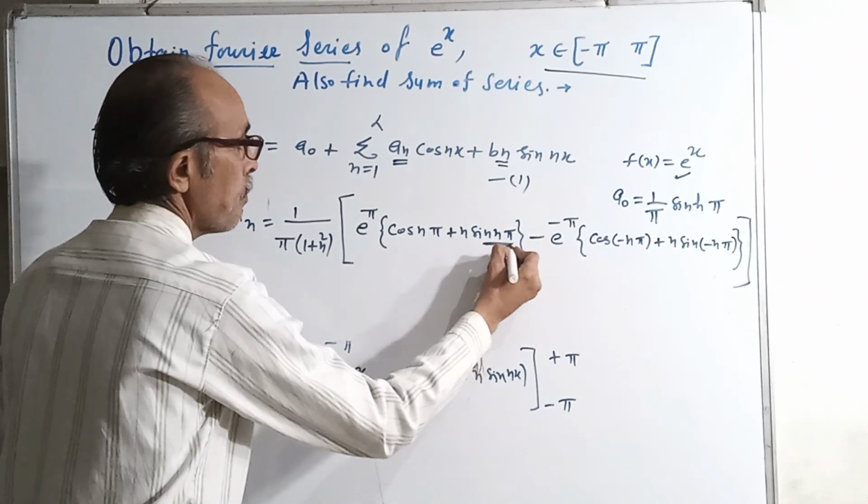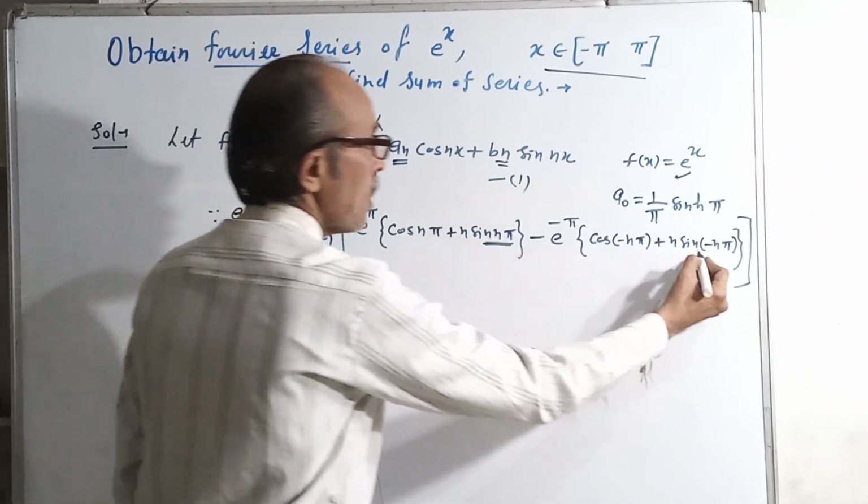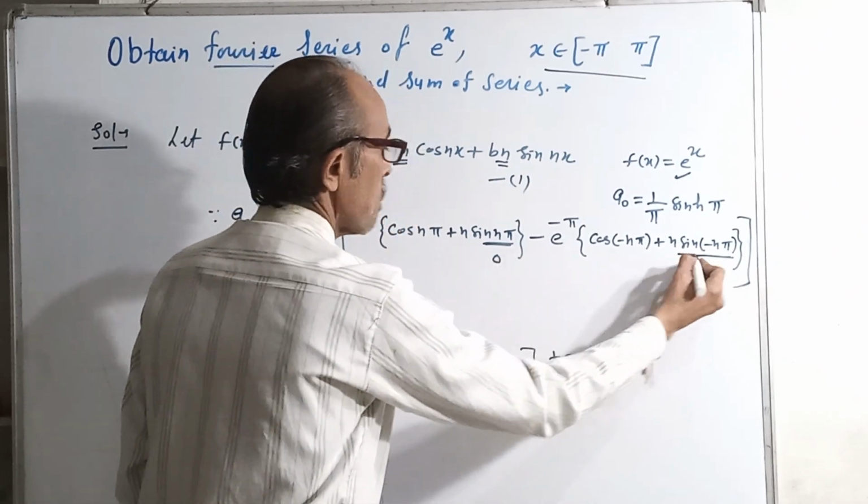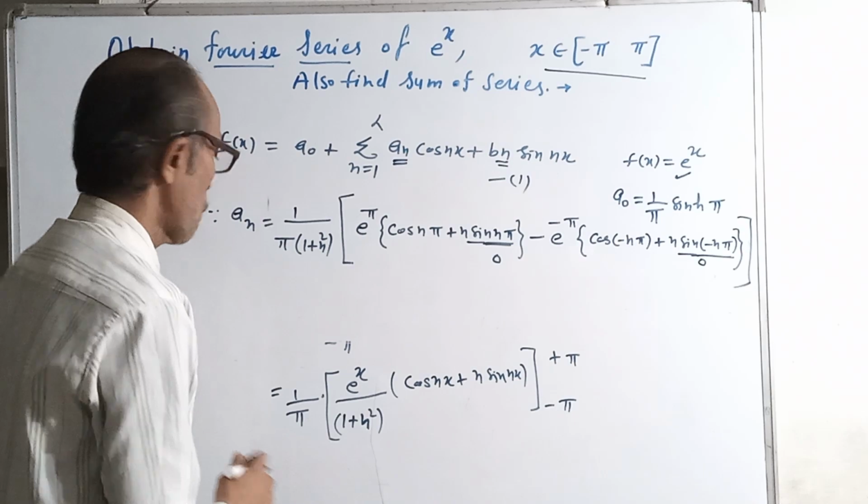Because sin(nπ) for all values of n, always nπ and −nπ is 0. So this second part value always 0.